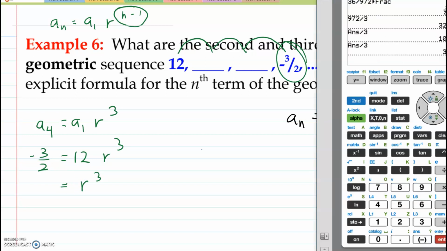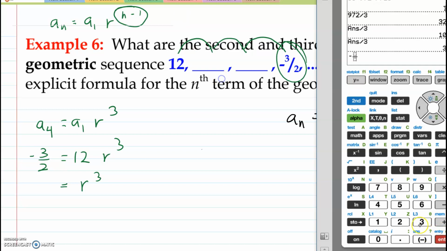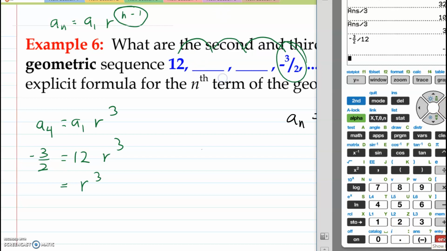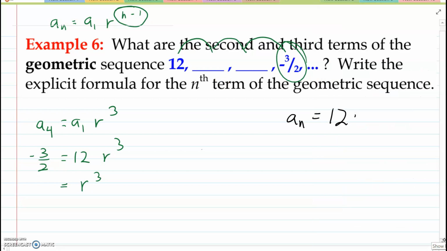And I'm going to go back to my calculator and say, if I take -3/2, and then I divide that by 12, I'm going to get -1/8.